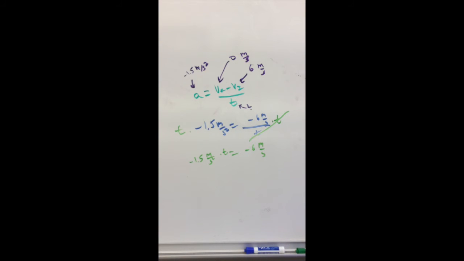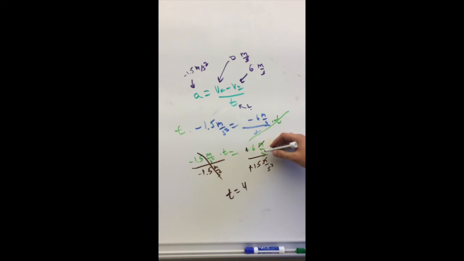So your final step now, I'm going to use another different color. Algebraically, divide by negative 1.5 meters per second squared. That all cancels out over here. The negatives turn into positives. 6 divided by 1.5 is 4, so t is equal to positive 4.